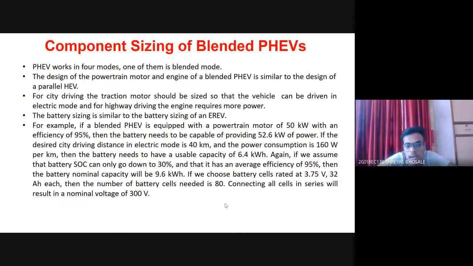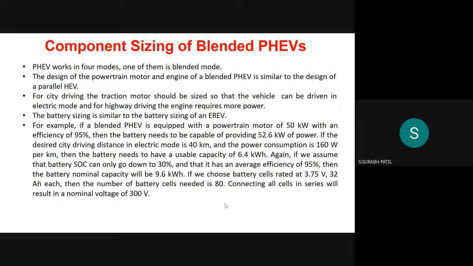If the desired city driving distance in electric mode is 40 kilometer and the power consumption is about 160 watt-hour per kilometer, then the battery needs to have a usable capacity of at least 6.4 kilowatt-hour. Next, we'll see the HEV to PHEV conversions, which will be explained by my teammate, Saurabh.